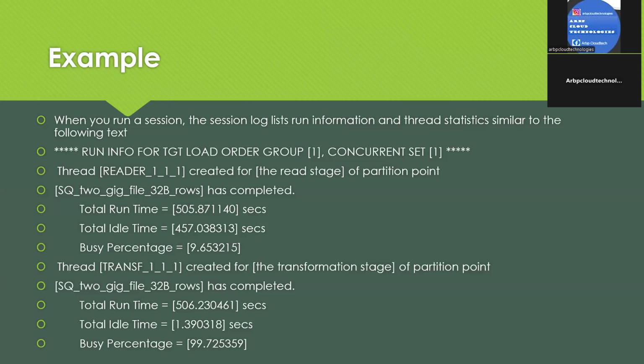So how can we identify issues using the thread statistics, how to read the session log? In the session log, this kind of information will be available, so you can read that information inside your mapping. If you go into any session log, you will see this information.